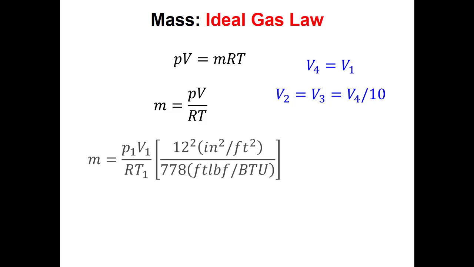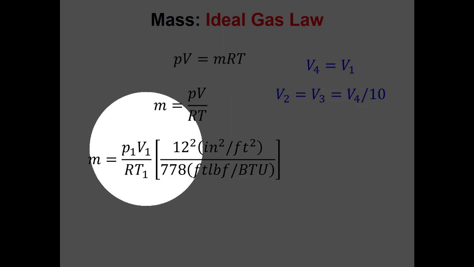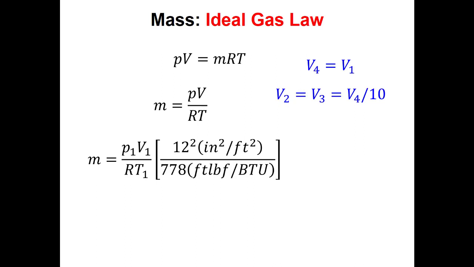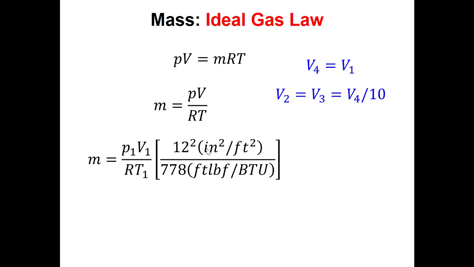Right? So if I look here at state 1, I know P1. Now I know V1 because it's the same as V4. And I know T1. I've got to remember, because this is not a delta T, I've got to use Rankine. The problem here is nice to me and gave me the temperature in Rankine, but if it was in Fahrenheit, I'd have to convert. And I do have to deal with the fact that the volume was in inches squared, so I've got to change that.